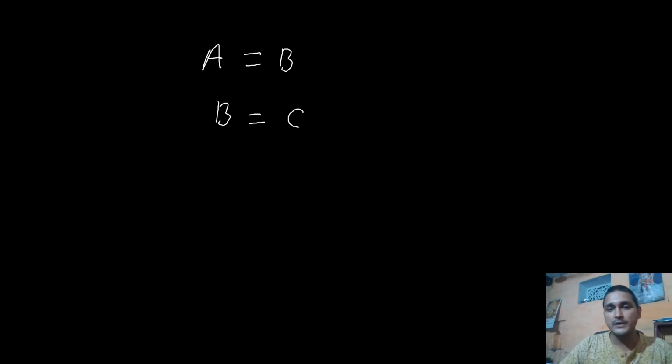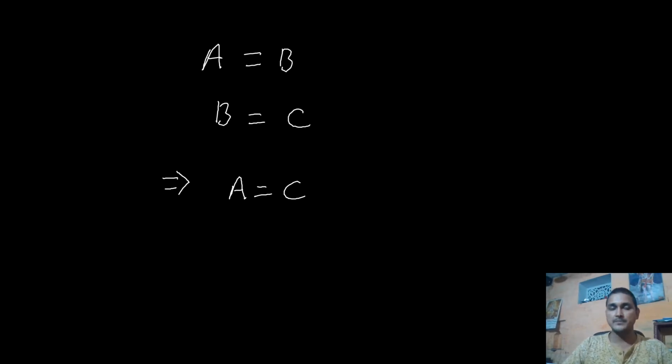Algebraically, we may consider it in this form also. Suppose A is one quantity which is equal to B, and B is equal to another quantity C, which implies that A will be equal to C. Sometimes this is called transitivity.